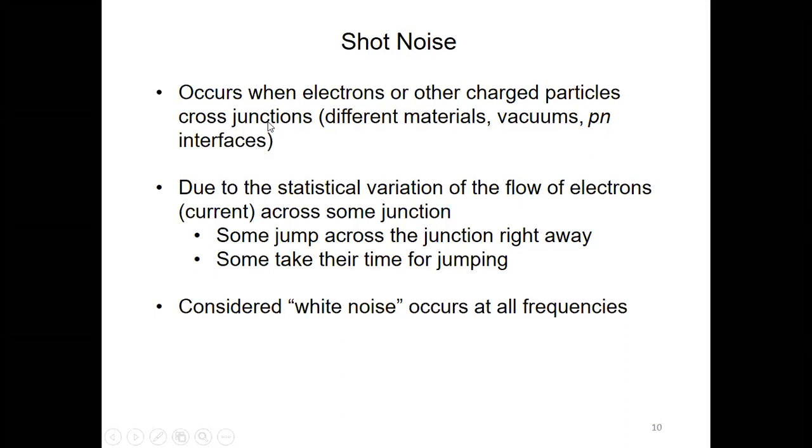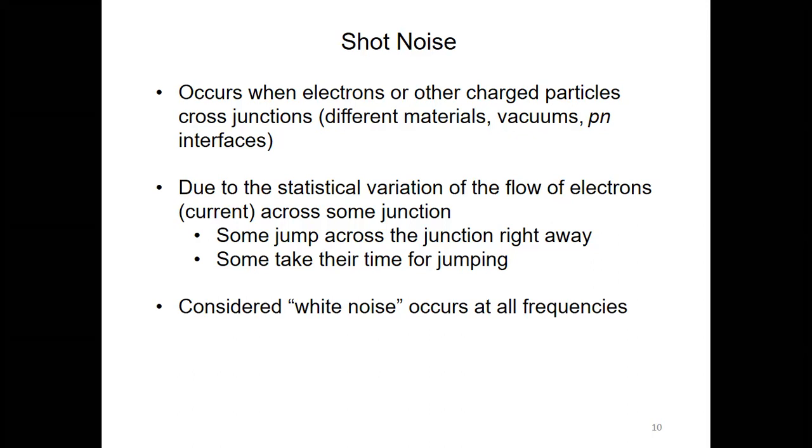The junctions can be PN junctions, and they can be between different materials. When electrons pass from one type of material to another, it's a junction. And when they pass from air or a solid material into a vacuum, that is also a junction. So this type of noise arises when the electrons move through junctions.